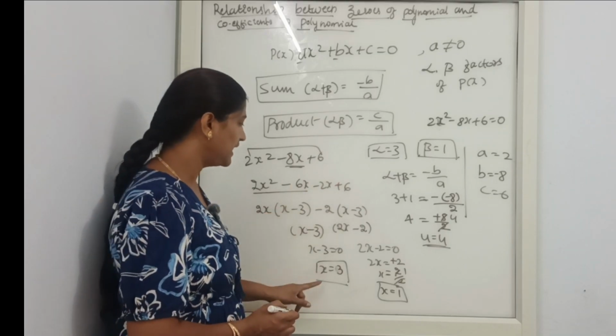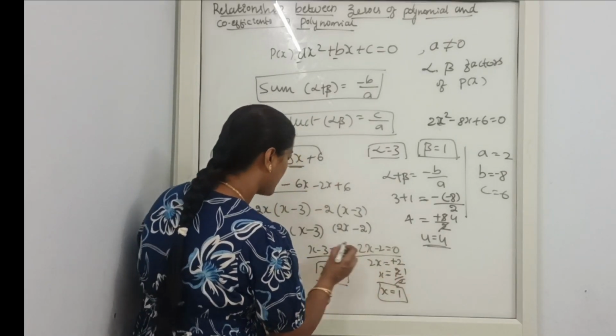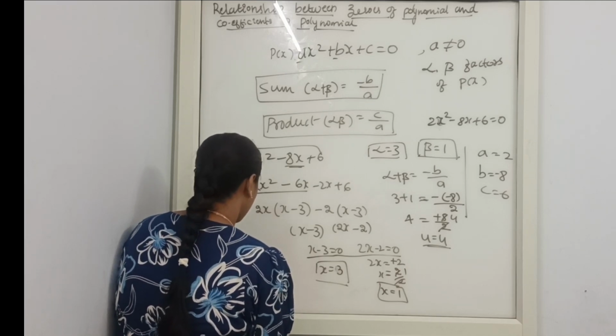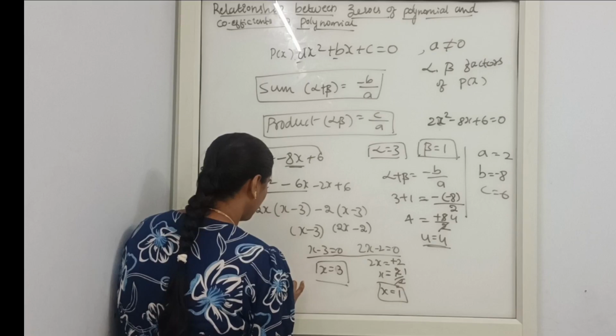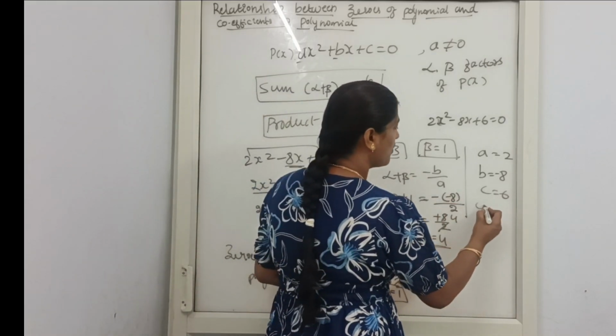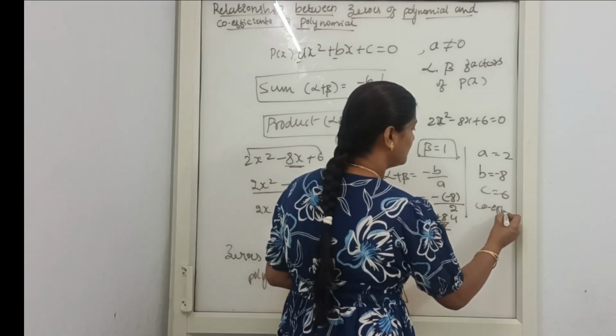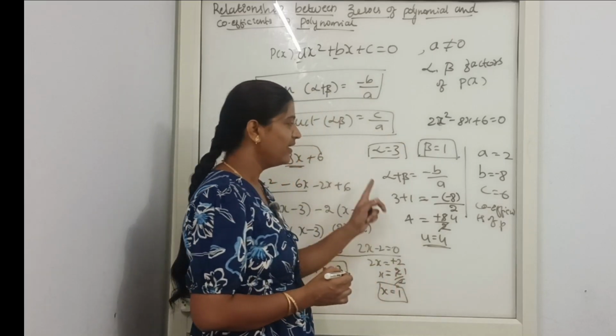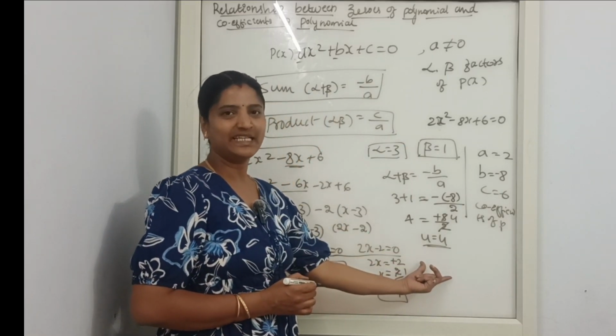We equate to 0, then we go through. This is the zeros of the polynomial, is it not? And this part is the coefficients of the polynomial. What we got? Are both equal?